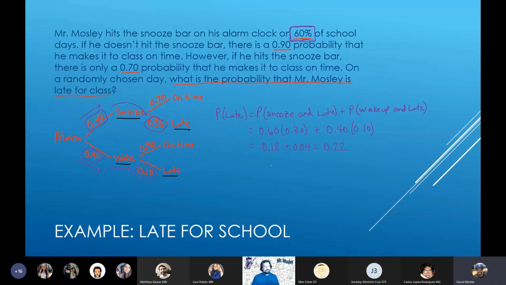All right. So the probability that I am late for class is about 22%, or 0.22. What questions do you guys have about this example?